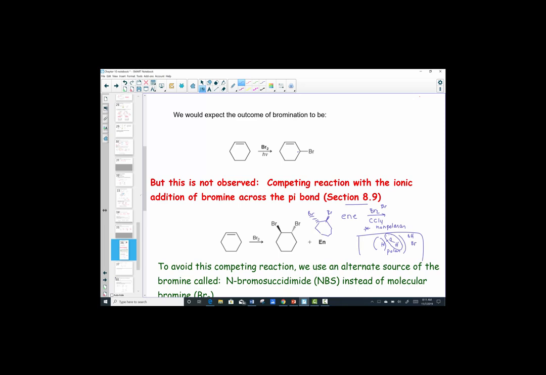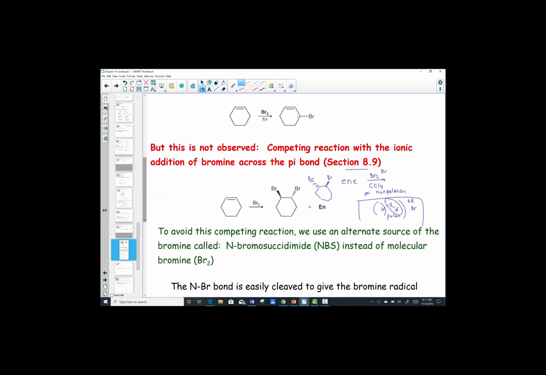However, what's going on here now is a competition between these 2 competing reactions. We have the ionic addition of bromine across the pi bond competing with the radical mechanism where we would initiate the reaction with a spot of energy, forming 2 bromine radicals and add to the allylic position.